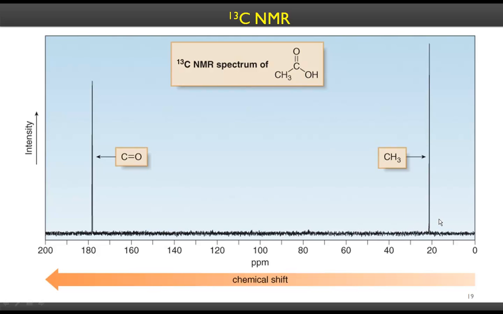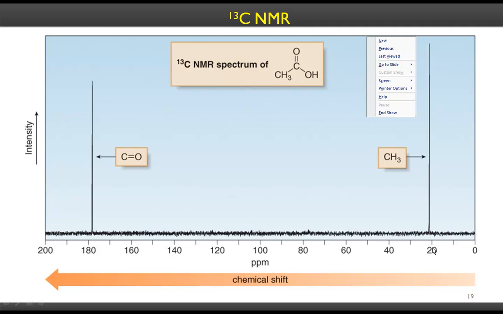Again, this downfield and upfield could be confusing. This has some historical relevance, because in olden days they used to keep the radio frequency constant, the electromagnetic radiation used to be constant. The field was varied, and as a result of that technique we have these paradoxically conflicting terms.